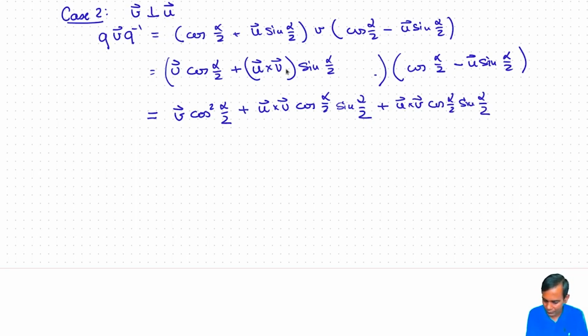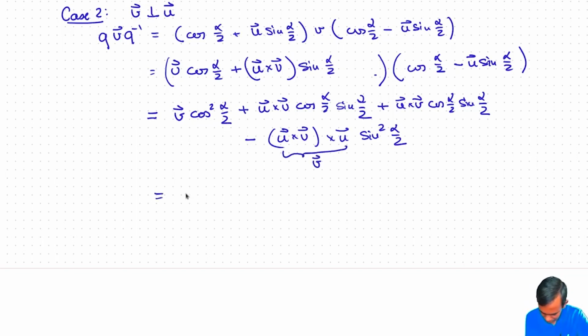And then the last, I take the second term from both factors and I get u cross v cross u. See, u cross v is already perpendicular to u, so it's perpendicular to u and to v, therefore the dot term will be 0 and I'll just get minus u cross v cross u sine squared alpha by 2. But this thing over here, u cross v cross u, is actually just v.